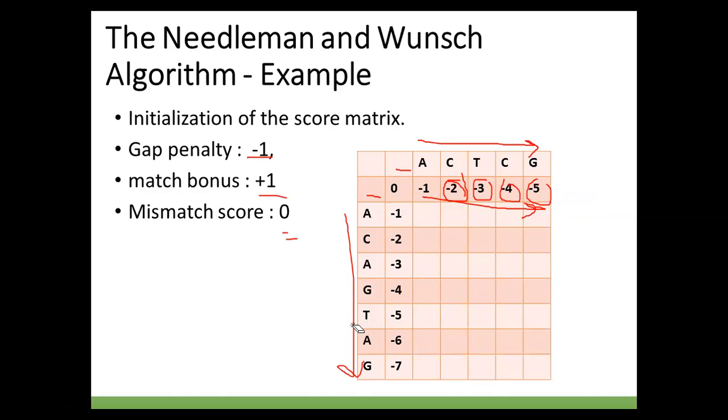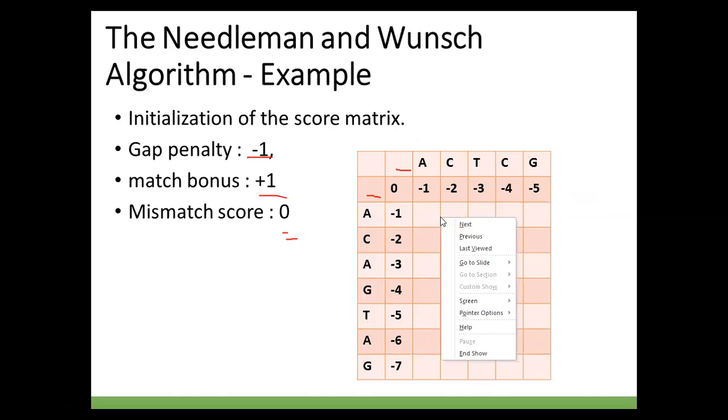I erase those things. Okay, so if this horizontal move, it means a gap score. Okay, I'll just write it -1 here. And if it's a vertical move, it's also a gap score. So I'll write it here.